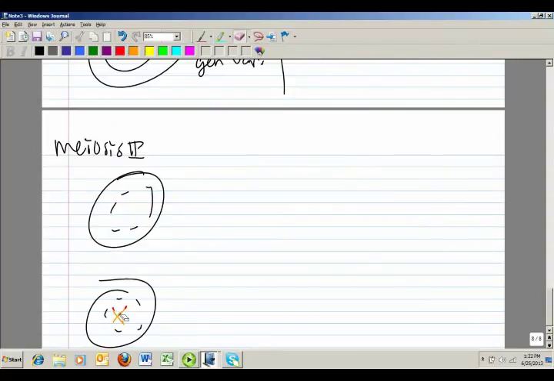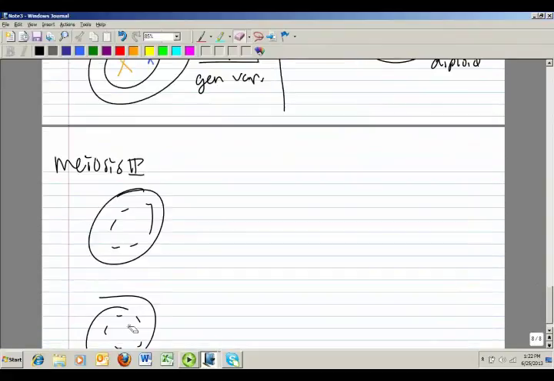I should probably draw these sideways. These are going to split the opposite direction, turns out. Okay. We have our spindle coming in from here. Attaching.